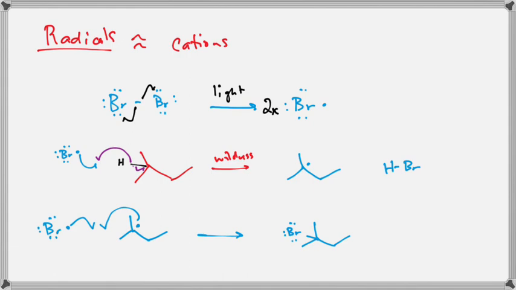What happened in the last step? 2 radicals, and I ended with a neutral molecule, no radicals. The whole thing that's necessary to cause this reaction to work is the presence of radicals. So we might call special attention to the formation of those radicals. We might call that an initiation.